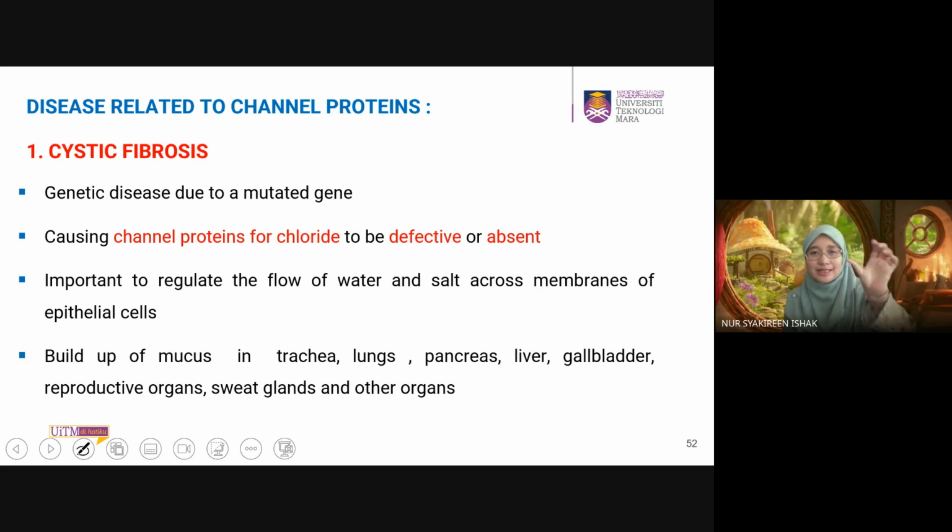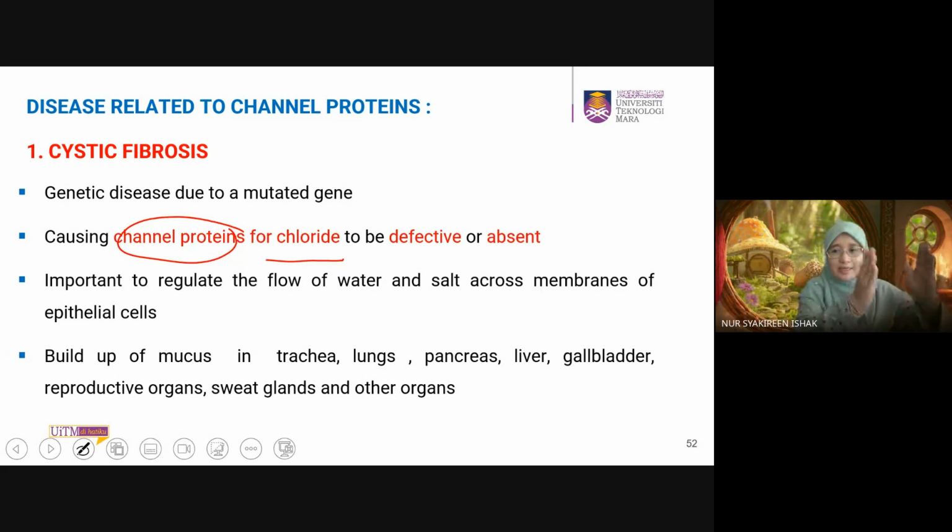In this case, the gene in your DNA that is mutated is involved in the production of channel protein for the transportation of chloride ion. We have a big DNA with many genes. For people with cystic fibrosis, the gene involved in the synthesis of channel protein is mutated.